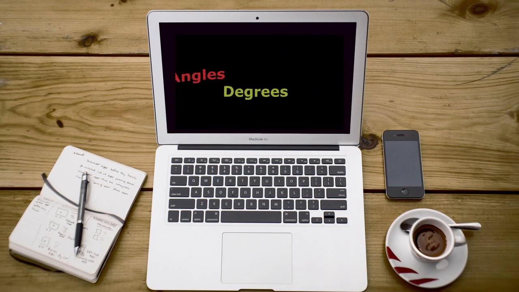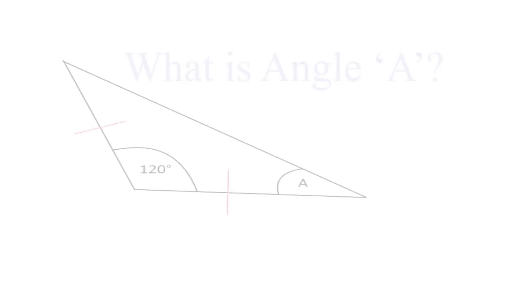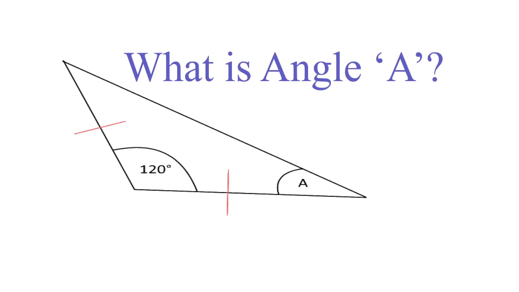So let's go to our first question. What is the angle A in this triangle? Notice the position of our 120-degree angle. This is an isosceles triangle indicated by the 2 red slashes going through 2 of the sides of the triangle.